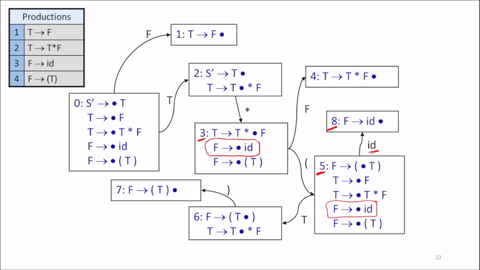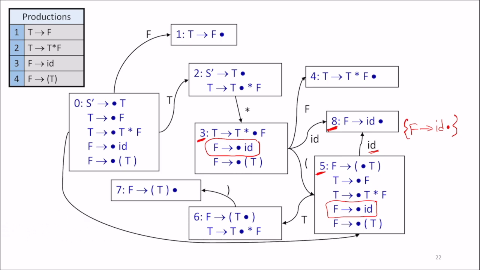So if I move the dot across the ID, I would end up with f goes to ID dot. And if I take the closure of that, no new dotted items come out because the dot is right at the end. So notice that this is the first time we've generated a state that we've seen before, which is state 8. So in this case, I would just create a transition on ID from state 3 to state 8. I don't create a new state because I've seen this one before.